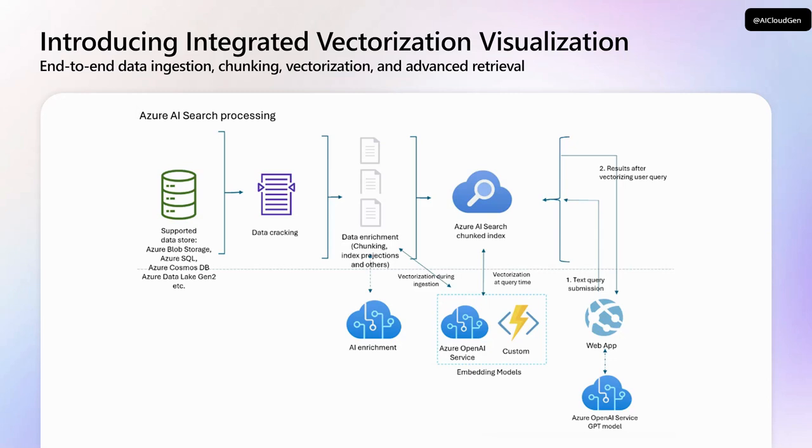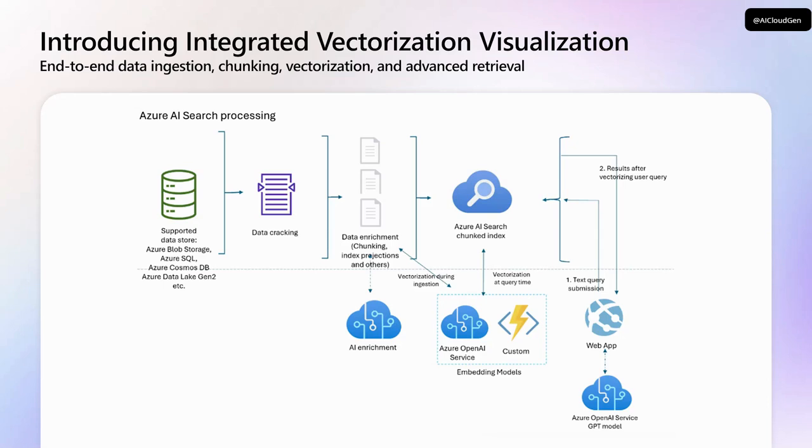You can use any supported data store for indexer-based indexing, and then an index that specifies the vector fields and the vector definition will be organized. A skillset like the text split skill will be used for data chunking. And of course, an embedding model from the Azure OpenAI service converts the text into vectors, and then the vector data is stored in Azure AI Search.